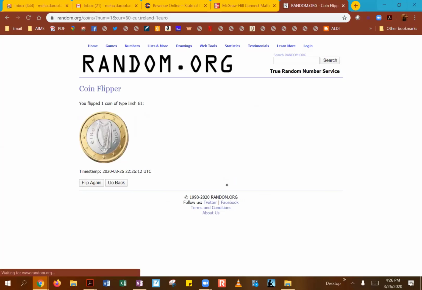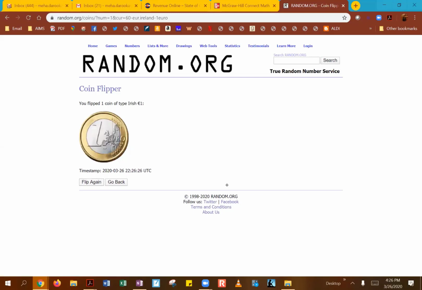If I flip again, I'm on the tail side. That's a head, that's a tail, a head, a tail. It looks like right now my probabilities are actually pretty even. And then I got a bunch of tails there.